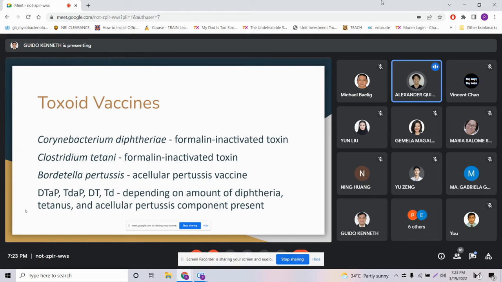And for Bordetella pertussis, which causes whooping cough, it has an acellular pertussis vaccine. So it's called capital DTaP, capital T, dap, DT, Td. It actually depends on the amount of diphtheria, tetanus, and acellular pertussis component present.